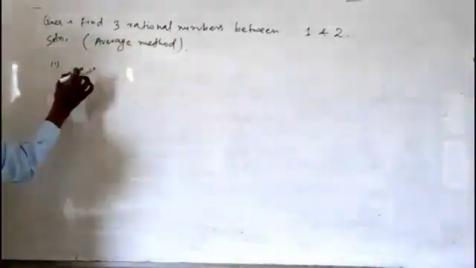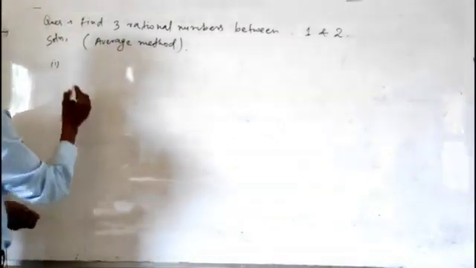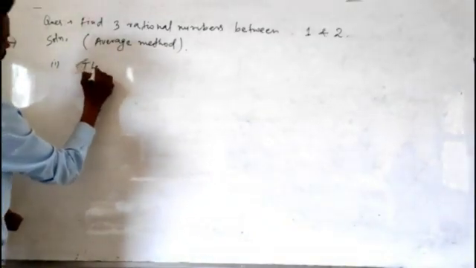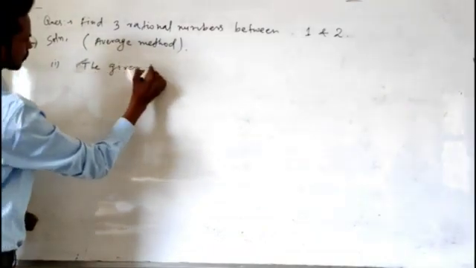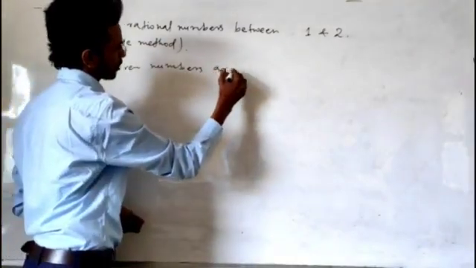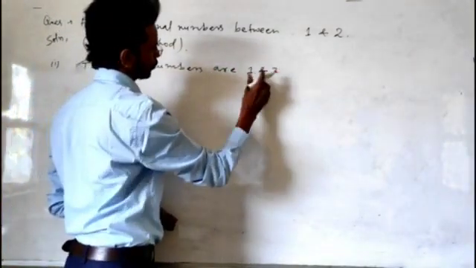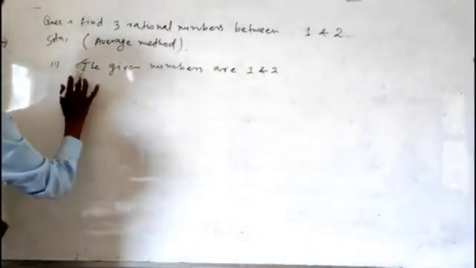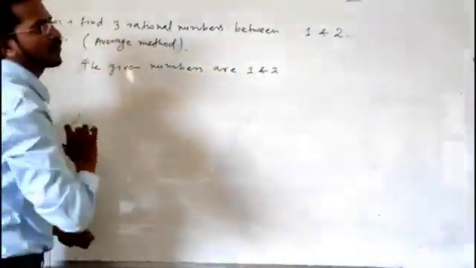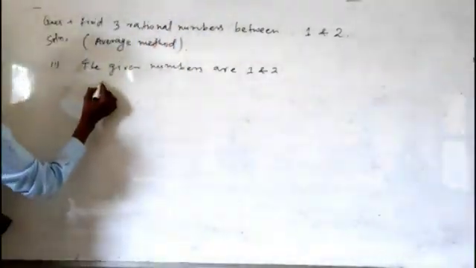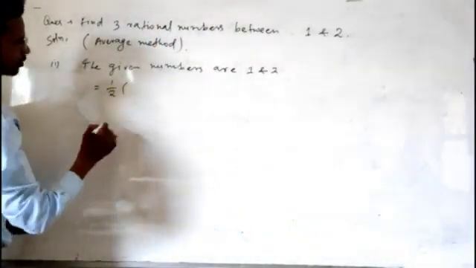numbers. In number 1 you can write 1 upon 2, or you can also write the given numbers are 1 and 2. Now, in finding the first number, you can write here equals to 1 upon 2 and bracket.